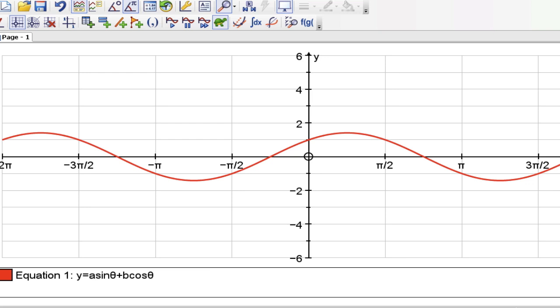It looks rather like one of those. Some differences. It goes above the value 1. It goes to about 1.3 or 4, and it goes down to negative 1.3 or 4. A sine graph stays between 1 and minus 1, and so does a cos graph. But that's because we're adding together sines and coses. But generally, it seems to look like either a simple sine graph or a simple cos graph.